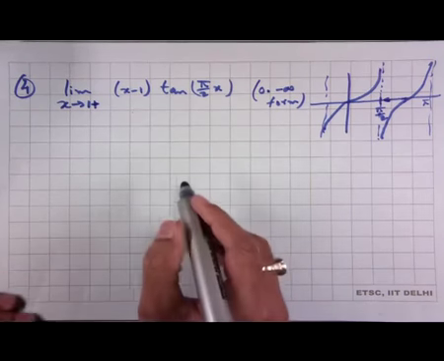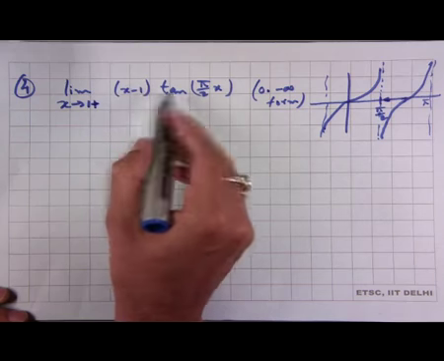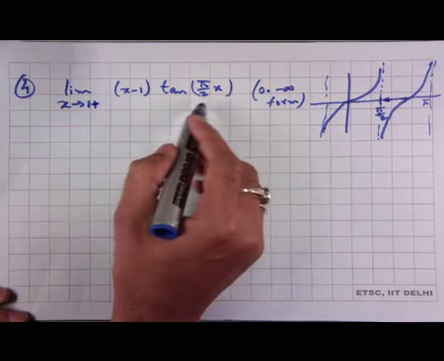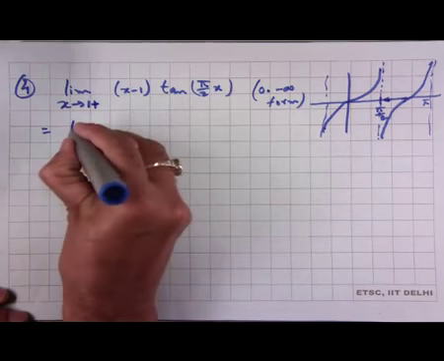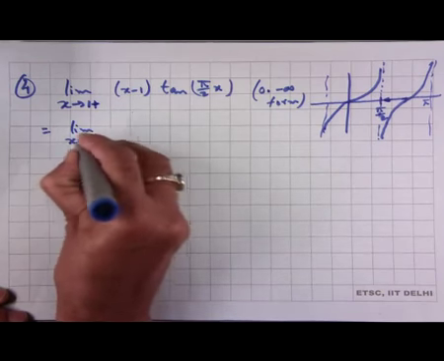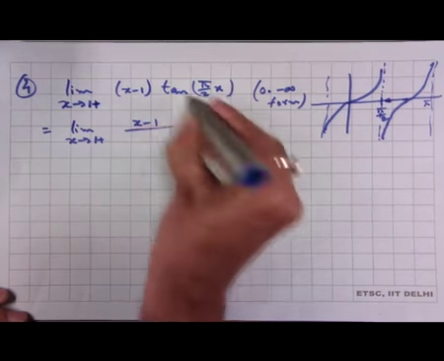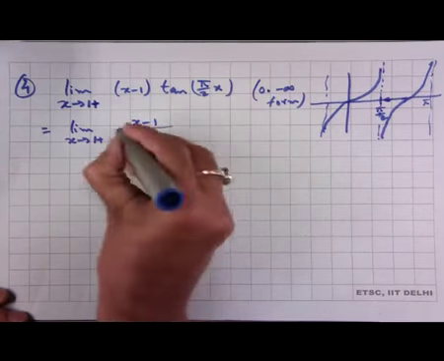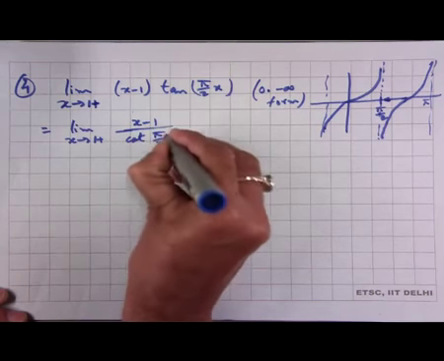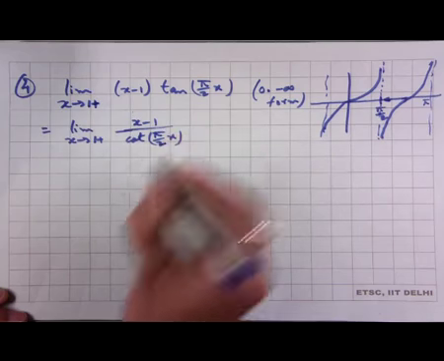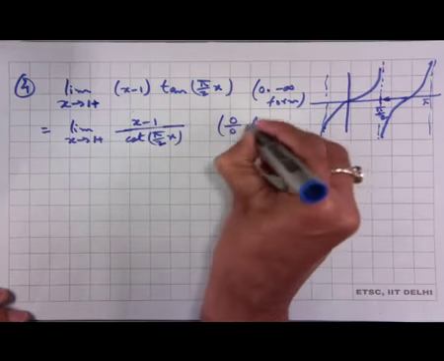To be able to use L'Hopital's rule, we should convert it into 0 by 0 or infinity by infinity form. So, let us write this as x minus 1 divided by 1 by tan, and 1 by tan is cotangent, so we write this as x minus 1 by cot of pi by 2 x. Now, we get 0 by 0 form.